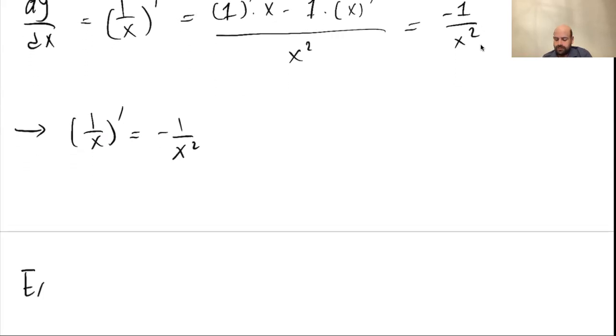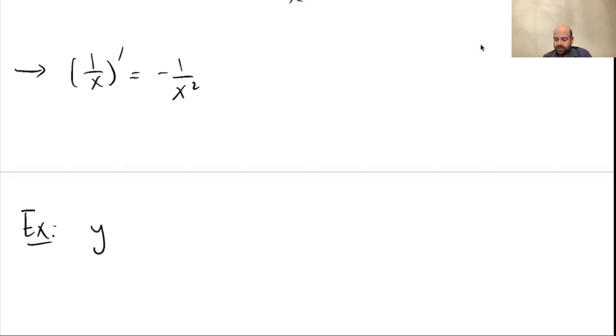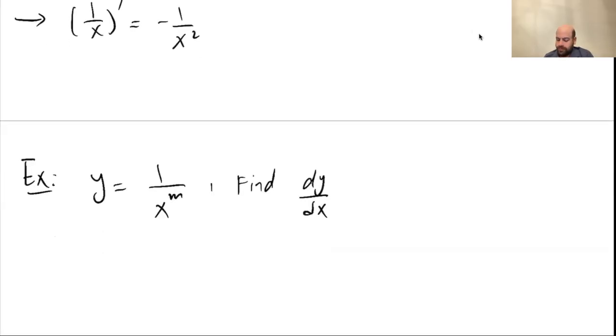Similarly, we can find the derivative of, let's say, 1 over x to the power m. How can I find the derivative of 1 over x to the power m? So we want to find dy/dx here. We can do the derivative similar to the previous one.